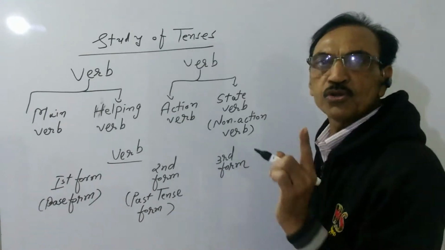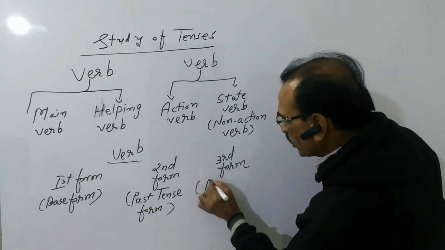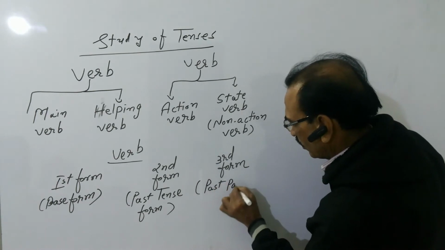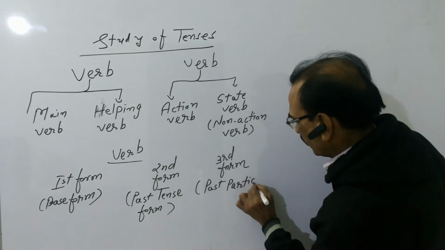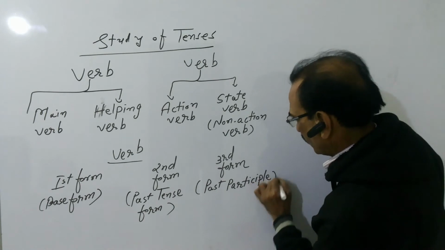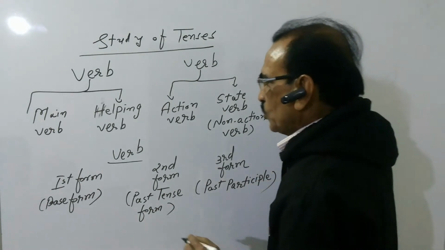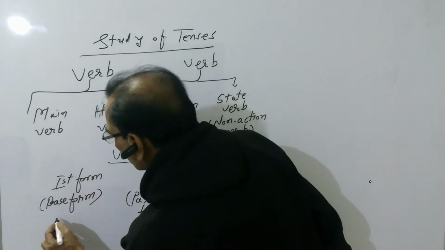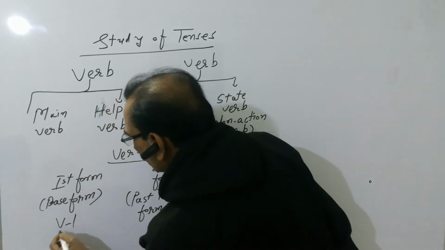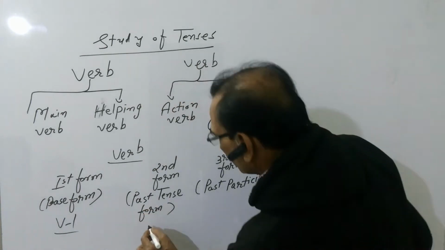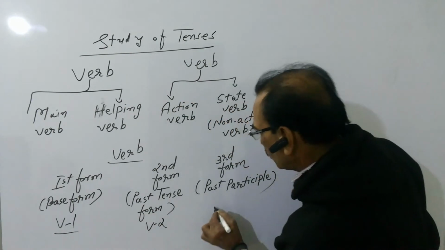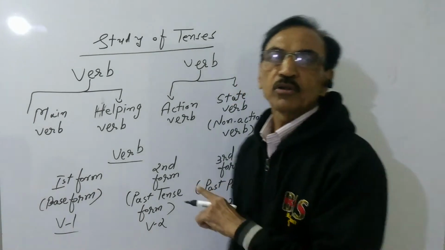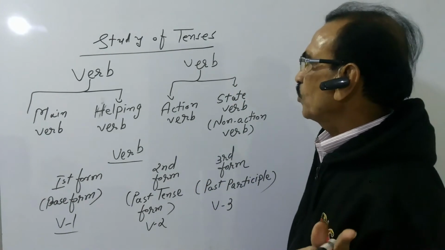And the third form is also known as the past participle. Sometimes you may come across V1, V2 and V3. So note down this in your notebooks, friends.